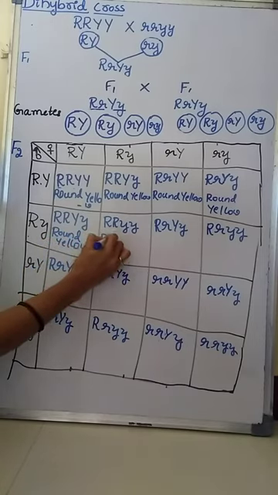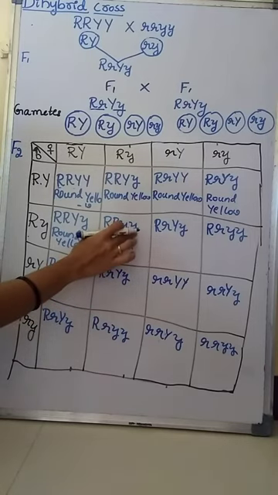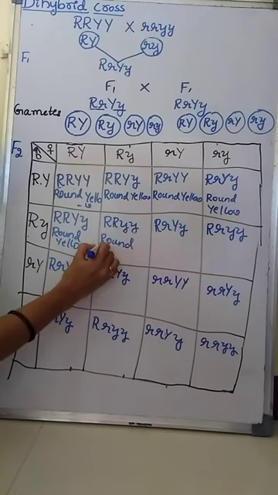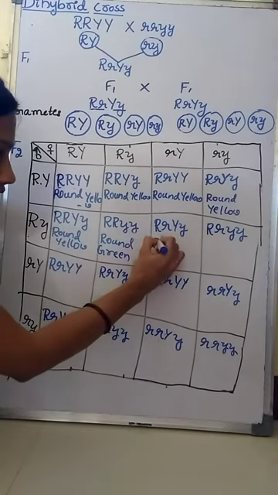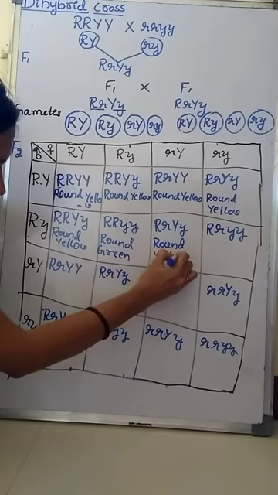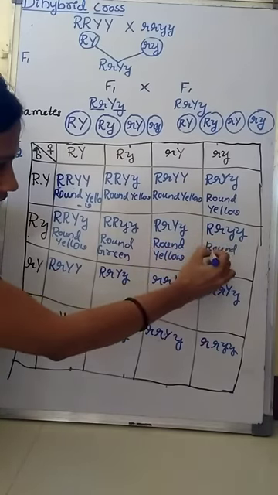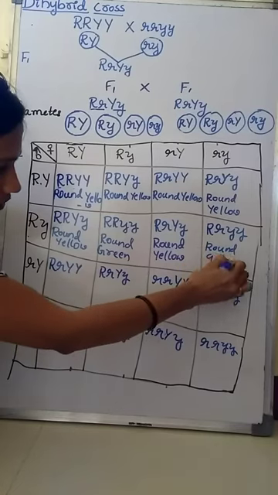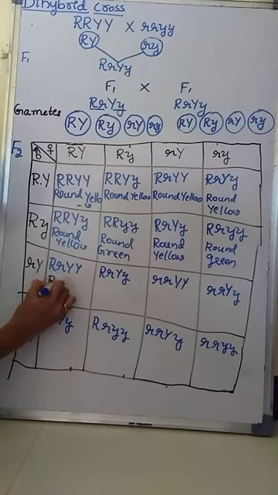Here round, but here both are recessive genes, so we will get green color. Round shaped seed having green color. Here it is round yellow. Here it is round green, round green. Then here it is round yellow.